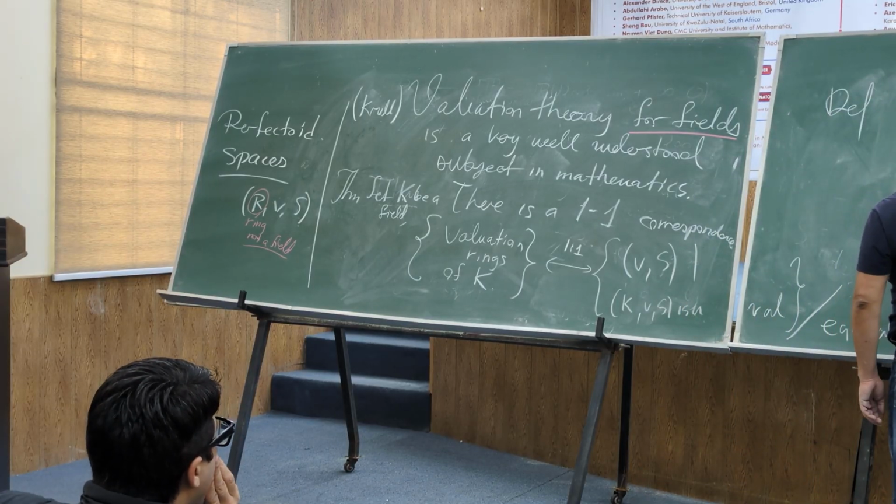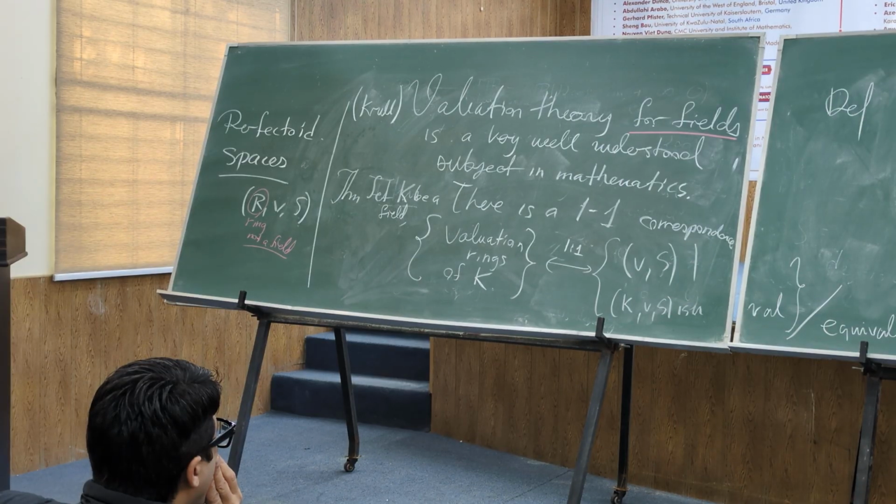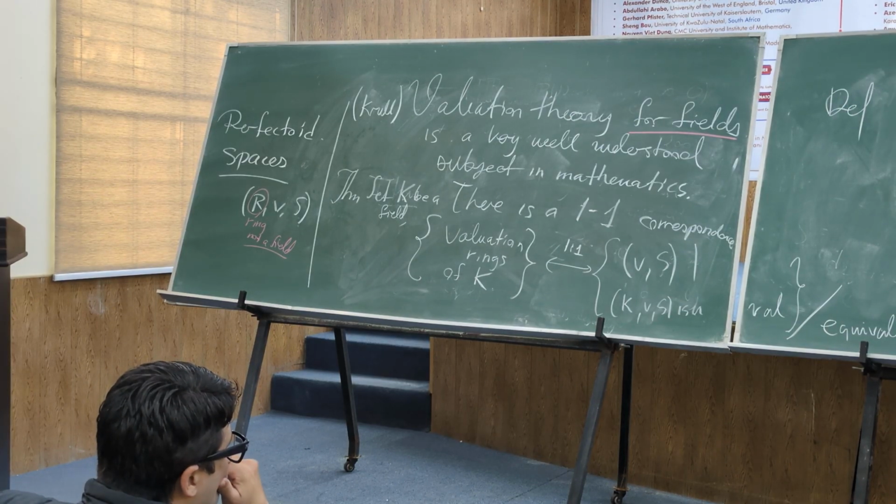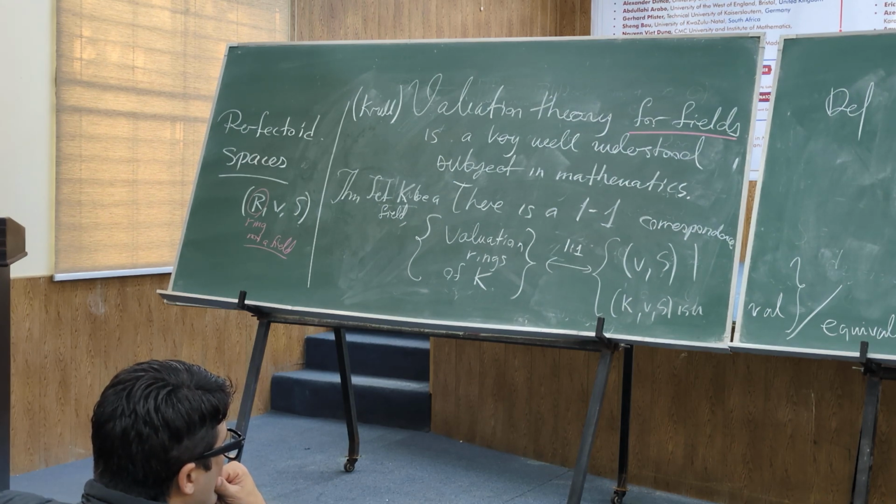R subset of K is a valuation ring if for every non-zero element, either the element lies in R or its inverse lies in R. I am sorry, the first hour of this lecture is still very algebraic, but I promise you that I will go to topology in the second round.